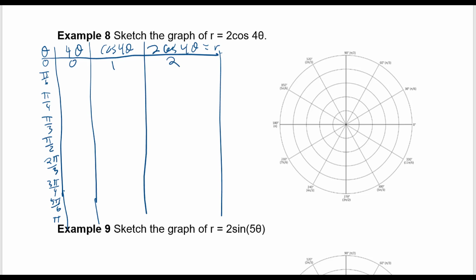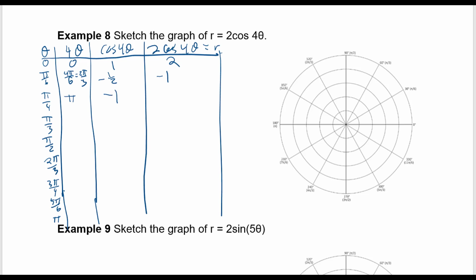Pi over 6. 4 times that is 4 pi over 6, which is 2 pi over 3. Cosine of that amount is going to be negative 1/2, and 2 times that is going to be negative 1. Pi over 4, 4 times that is pi.